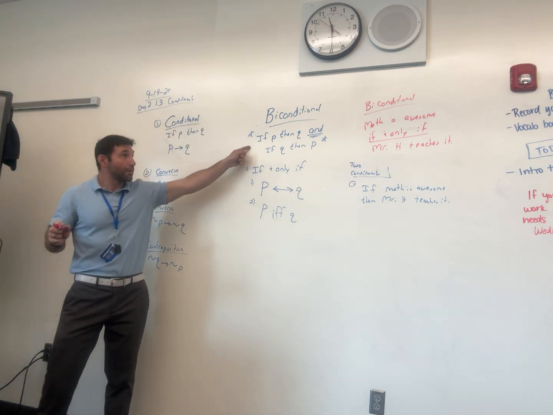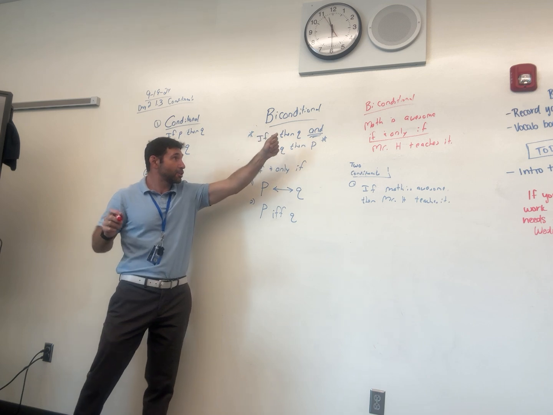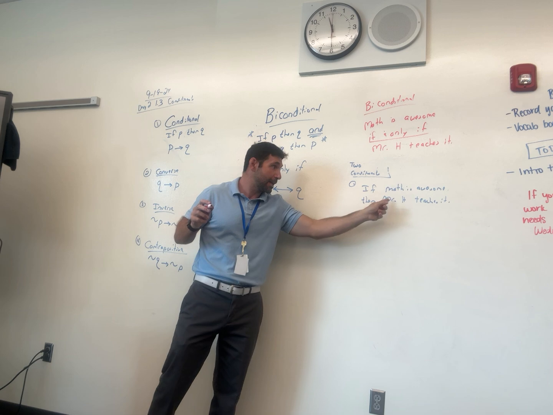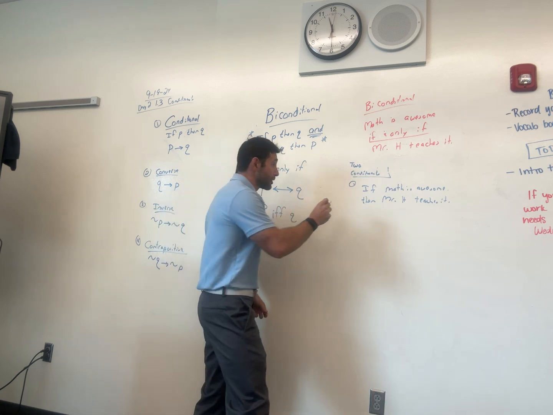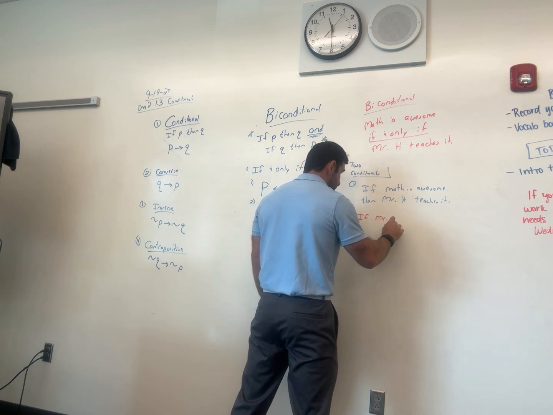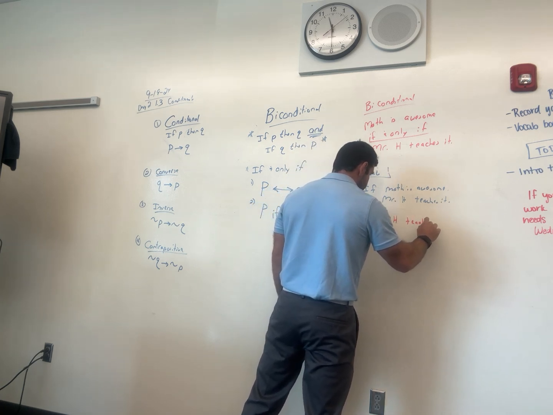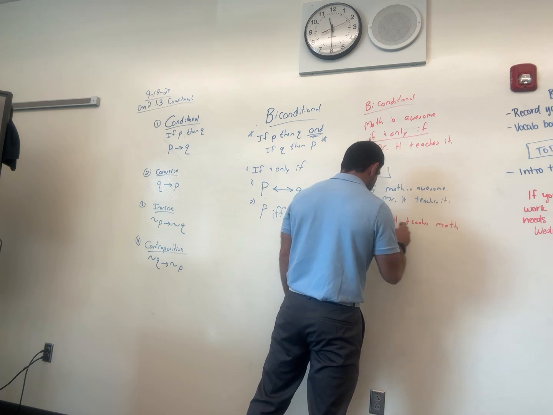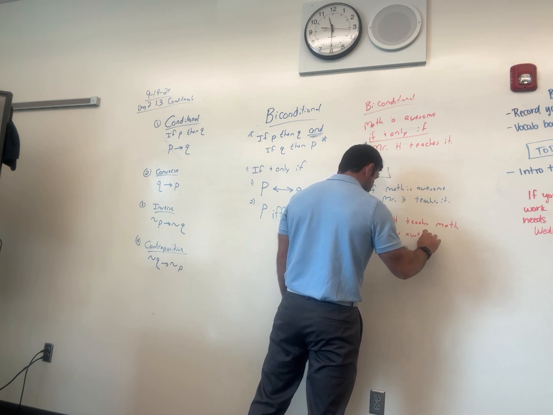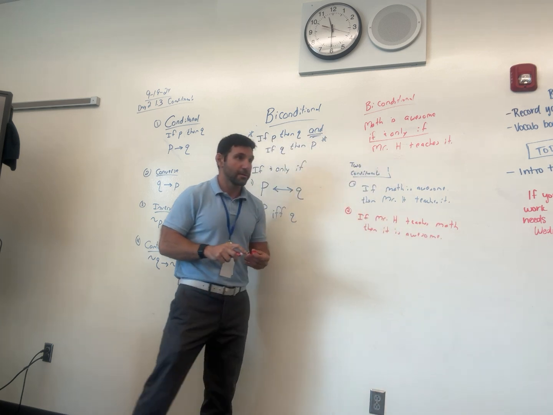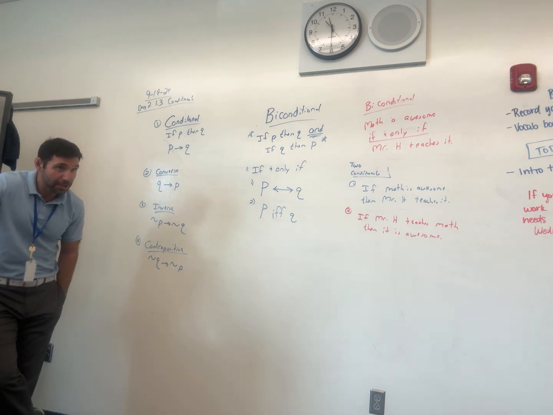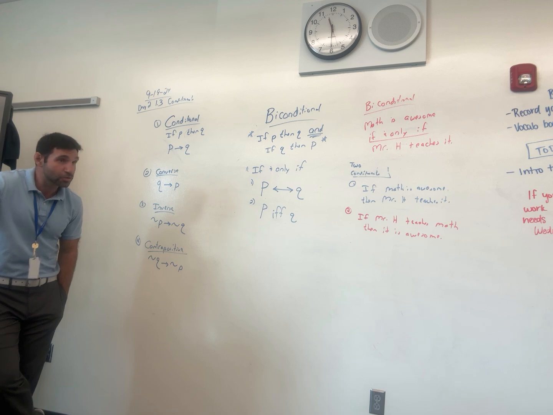Remember, a biconditional is if P then Q and if Q then P. Here's my if P then Q. So the other conditional, which is now the converse, if Mr. H teaches math, then it is awesome. That's a biconditional. It's taking the conditional and the converse and smushing it together.